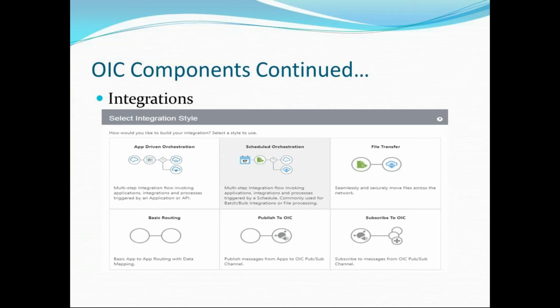Now subscribe to OIC is something, say for example, in your ERP, in SCM, if there is a new hire or if you have created a new account in your ERP and you want to send the same information to different systems, then you can use the subscribe to OIC type of integration, which will help you to subscribe to those events.